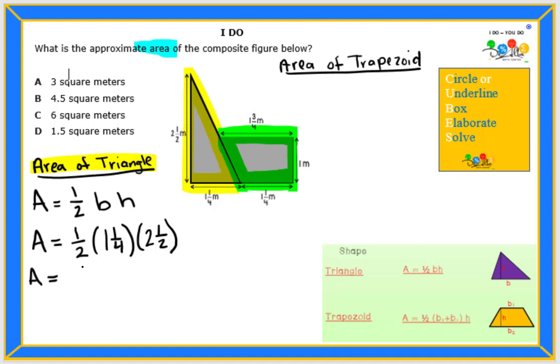And I have half, which is 0.5, times 1 1/4, which is 1.25, and 2.5.